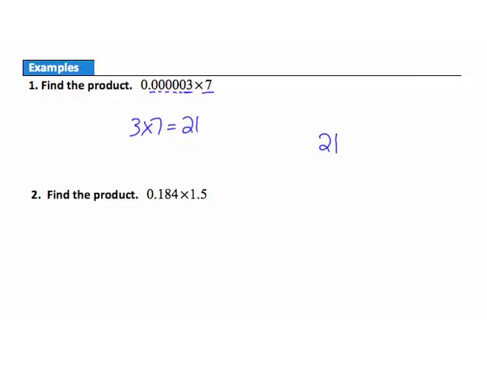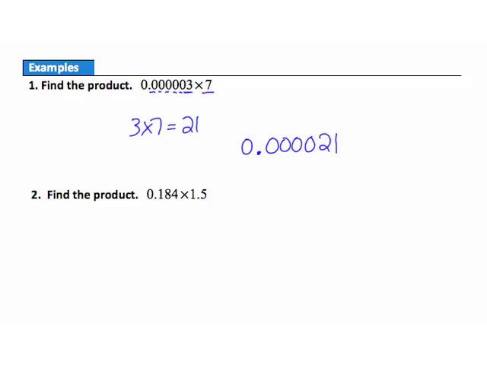So I'm going to need to add 4 more zeros to get 6. So 1, 2, 3, 4. I'll put a decimal there. Then typically we write a 0 in front of the decimal. It just makes it a little bit easier to see where the decimal point is. So when I multiply these two numbers together, I get this answer of 0.000021.